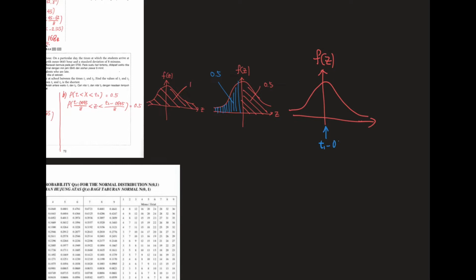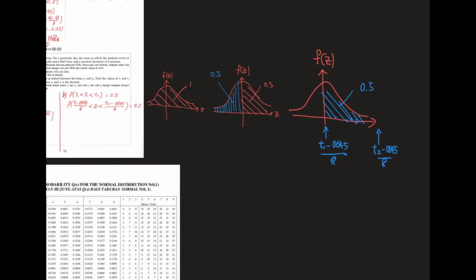Just imagine first. And then here take 0.5. Is that okay or not? It seems to be okay, right?